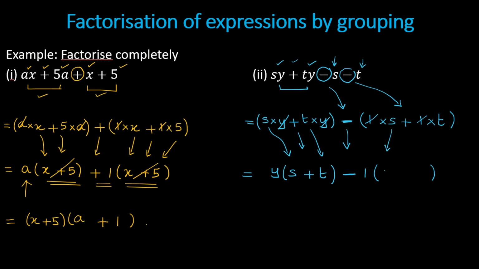We are left with S plus T again. Right? Now as you can see, S plus T is appearing twice, meaning S plus T is common, meaning we have to take S plus T outside the pair of brackets. Okay, so we are left with Y minus 1, right?